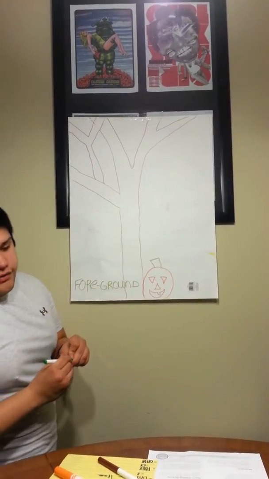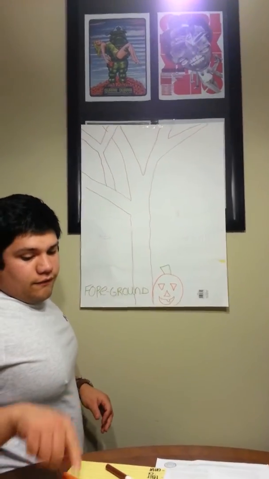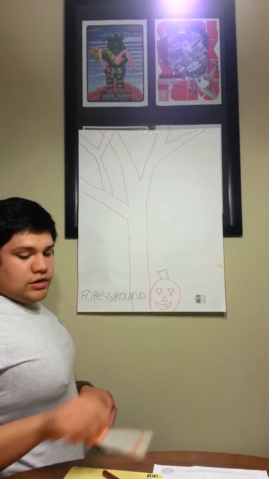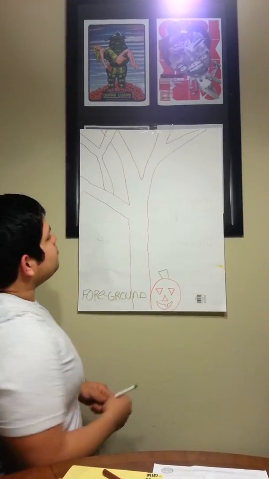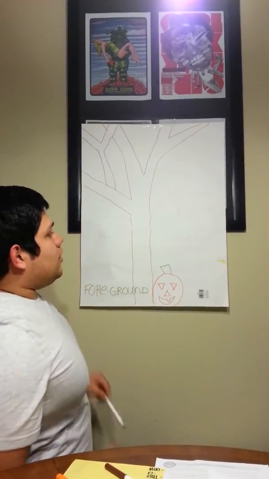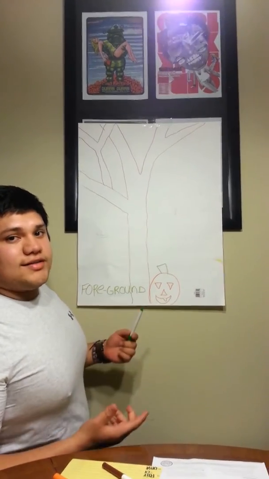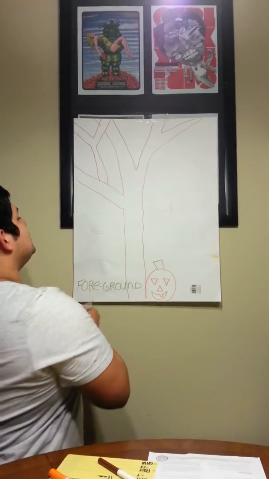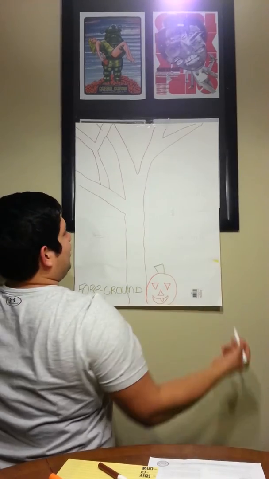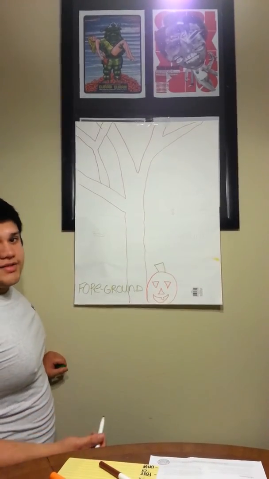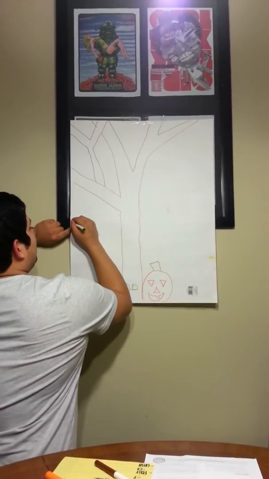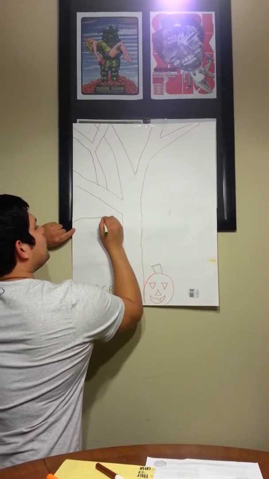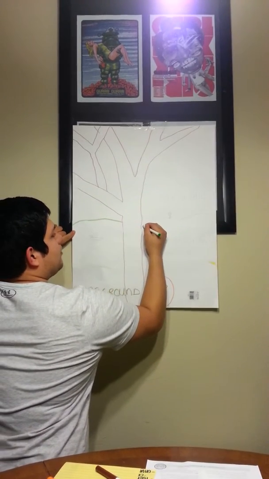Alright, so now that I've drawn my foreground, we're going to move on to my middle ground. When I look at my picture here, my middle ground is almost exactly where it says it's going to be, in the middle. To start out by drawing my middle ground, I'm going to draw something called my horizon line. Now my horizon line is basically my ground in the background.